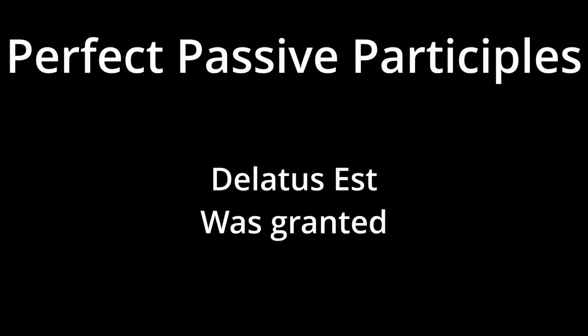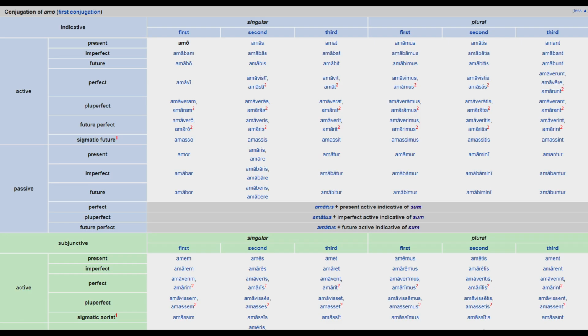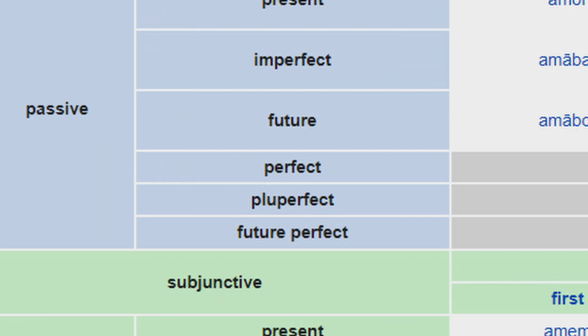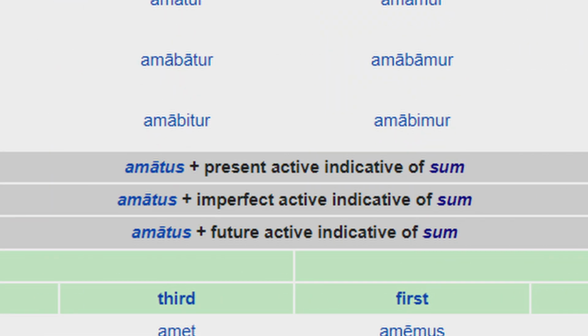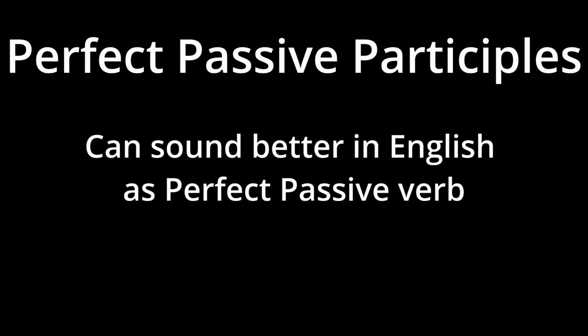Now, why would you use the perfect passive participle instead of the regular verb's perfect passive form? Well, that's because the perfect passive form of verbs doesn't exist in Latin. It's not there. You see a conjugation table and it's just the perfect passive participle. So, if it sounds right in translation, just treat it kind of like a regular verb.